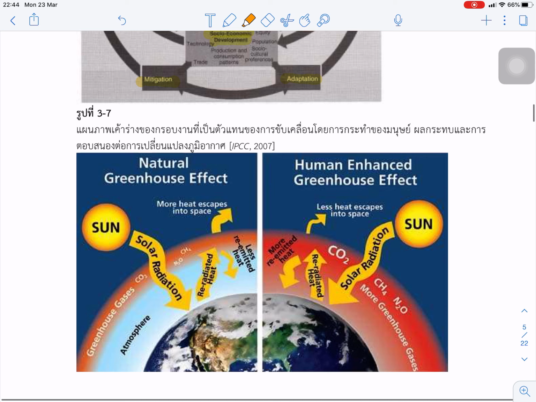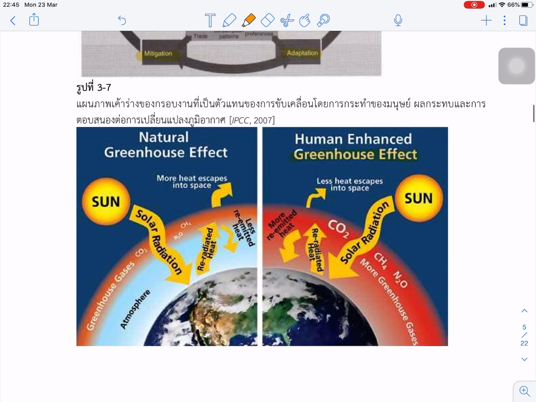This part shows one example of climate change, which is the greenhouse effect. The left-hand side is the natural greenhouse effect. The solar radiation can come in and can go out.